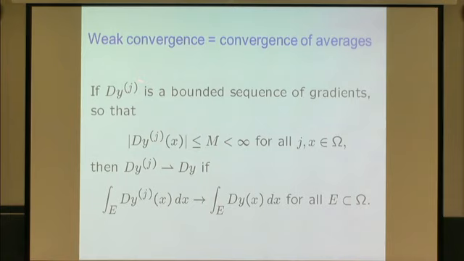If you have a sequence of deformation gradients Dy_j, perhaps a minimizing sequence for the energy, a bounded sequence of gradients, so that the absolute value of Dy_j has norm less than or equal to M for all j and all x, then Dy_j converges weakly to Dy if, when you integrate over any subregion of Omega, the integral of Dy_j tends to the integral of Dy. So this allows Dy_j to oscillate very fast in j, and you can still get this kind of convergence. I'll show you examples later.